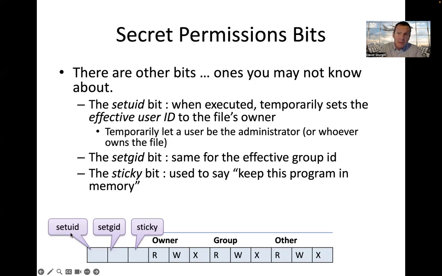The set UID bit is a way of temporarily changing permissions. If you run a program that has the set UID bit set, while you're running that program, it'll temporarily give you the rights of the owner of that program, or at least for the execution of that program. Set GID is the same idea.